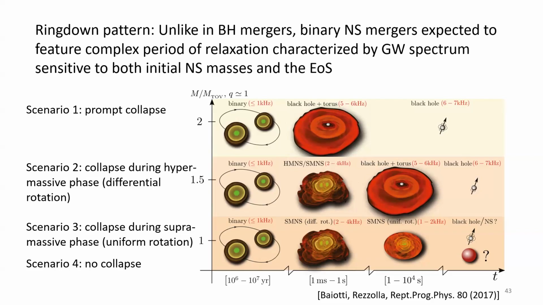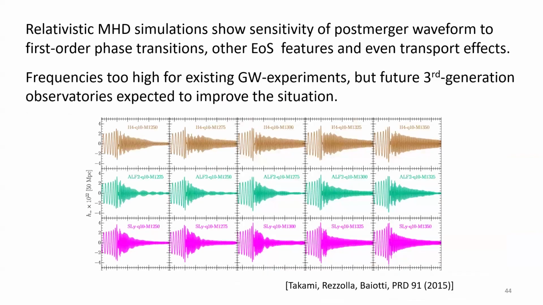This may well be the mechanism behind the most massive known neutron stars, with masses around 2 solar masses or so, because it's a bit of a problem how to create such massive stars in supernova explosions. But nevertheless, these are the possibilities, and when we see the post-merger gravitational waveform measured, we will typically be able to tell which of these scenarios actually took place.